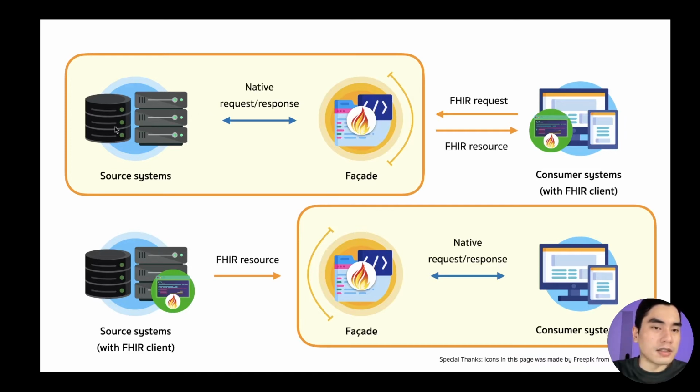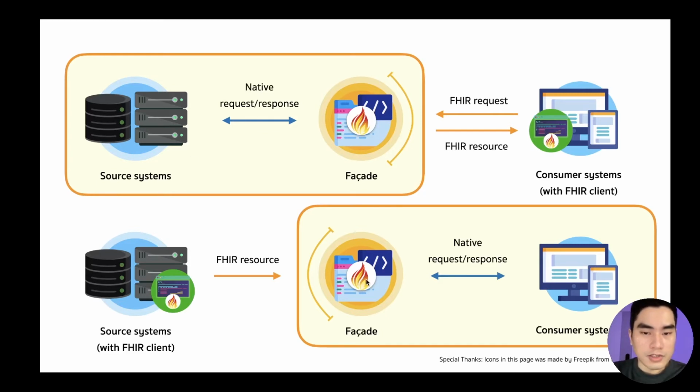Maybe the system has a database like MySQL, for example. This will be the SQL query to the MySQL database. And then when you query the database, you get the response, a native response returned from the database to a facade. A facade will convert that response into a FHIR resource and then send it back to the consumer. So this is how it works if you put the facade on the source system.